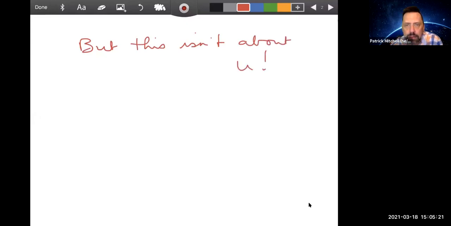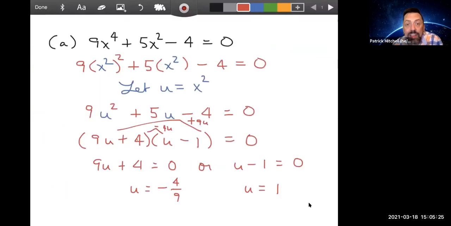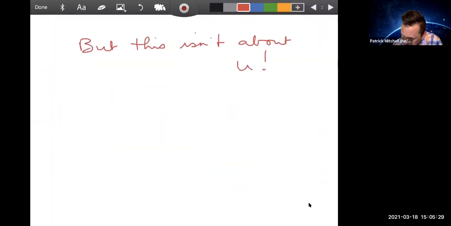It's about x, right? So remember what u had to do with x. U was x squared. So if the solutions in u are negative 4/9 and 1, that means we now have to back substitute. That means x squared is negative 4/9, or x squared is 1.